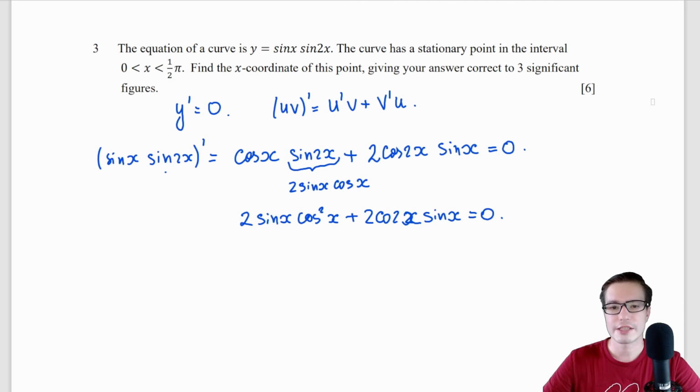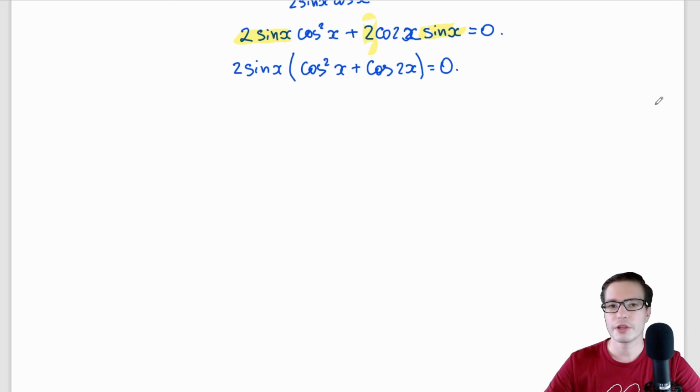Next, factorize and take 2 sine x out of the bracket. The product equals 0 when one of the factors is 0.